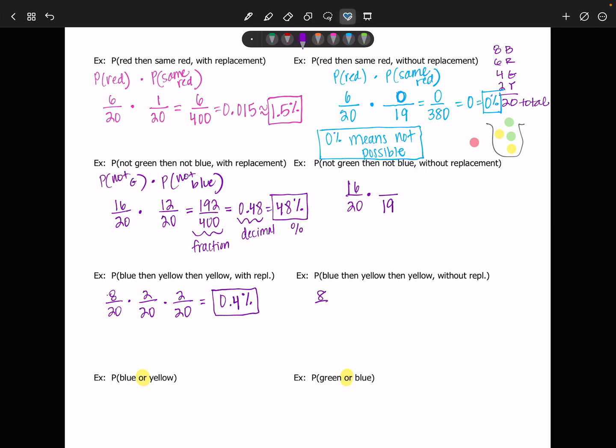Then we've got 8 out of 20 times 2 out of 19 times 1 out of 18. And I've got to just do this multiplication. 16 divided by, and I got approximately, because I'm going to have to round, 0.2333%.